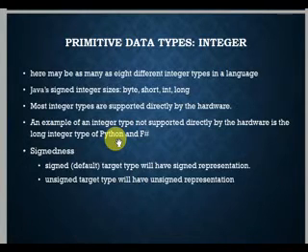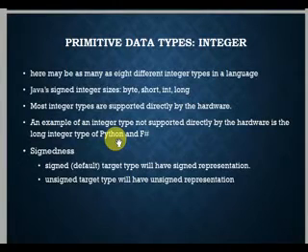Most integer types are supported directly by the hardware. An example of an integer type not supported directly by the hardware is the long integer type in Python and F#, which is not supported by the hardware implementation.